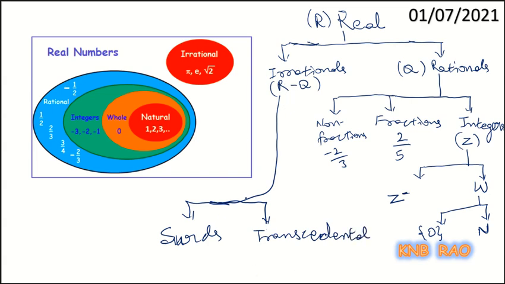The set of irrationals is again subdivided into surds and transcendental irrationals. So, you can pause the screen, note down both Venn diagram of real numbers and tree diagram of real numbers. Now, we shall move on to the decimal expansion of real numbers.